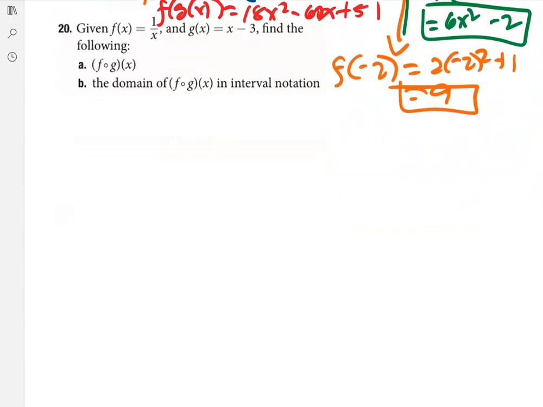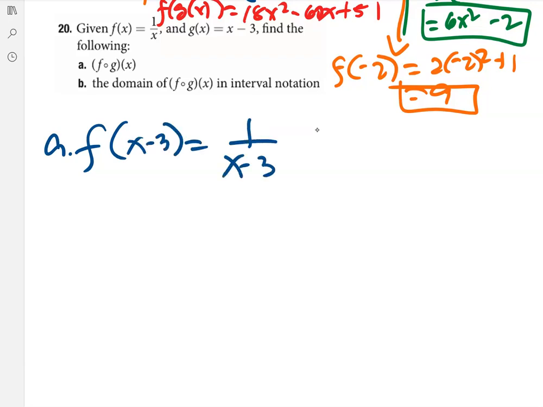Last problem, number 20. Given f of x equal to 1 over x and g of x equal to x minus 3, find the following. Letter A, f of g of x. G of x is x minus 3, so f of x minus 3 is 1 over x minus 3. Then the domain of this. So remember, this is f of g of x is equal to 1 over x minus 3.